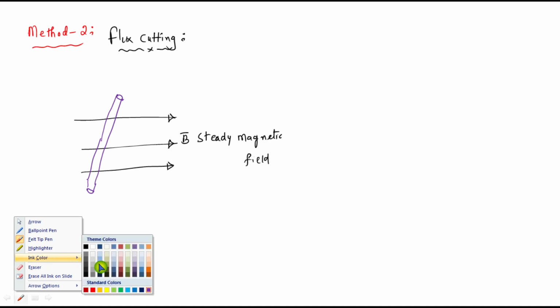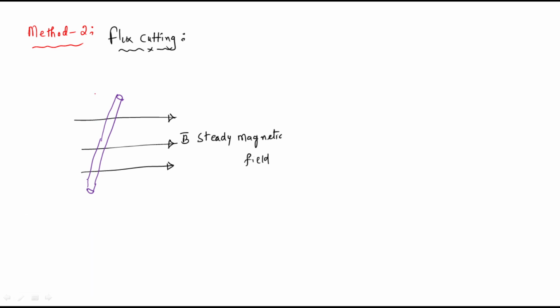And what about the conductor length from here to here? This is the length of the conductor, and this is what? Magnetic flux density, and this is what? Velocity of conductor. This is the vector velocity of conductor, and this is what? Theta, right?